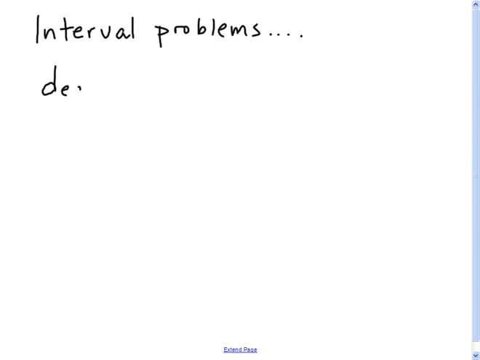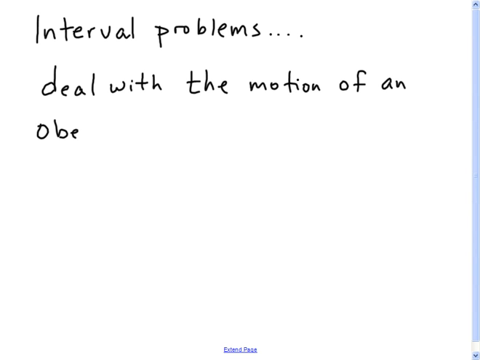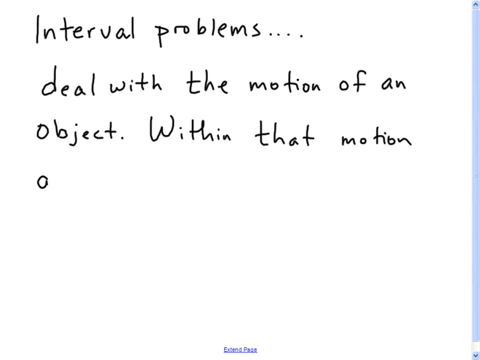Interval problems deal with the motion of an object, and within that motion a change in acceleration occurs.